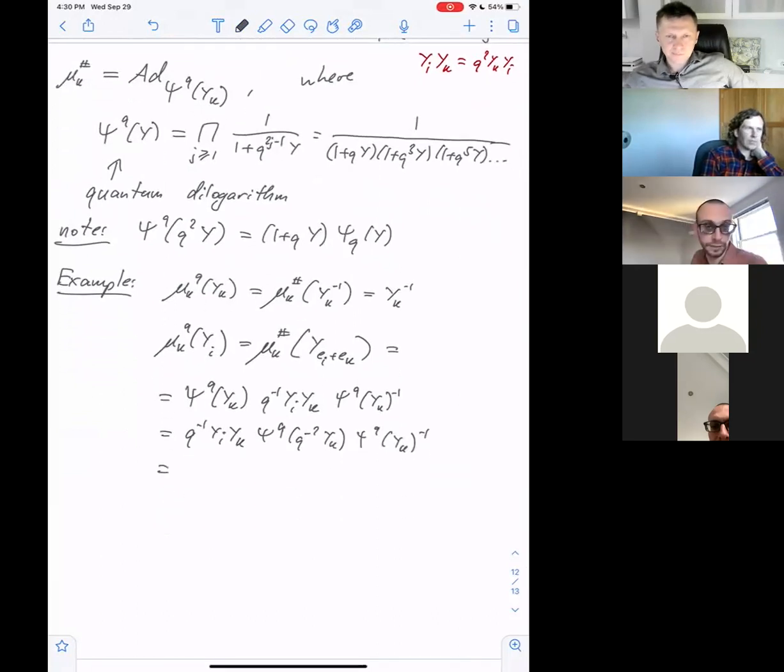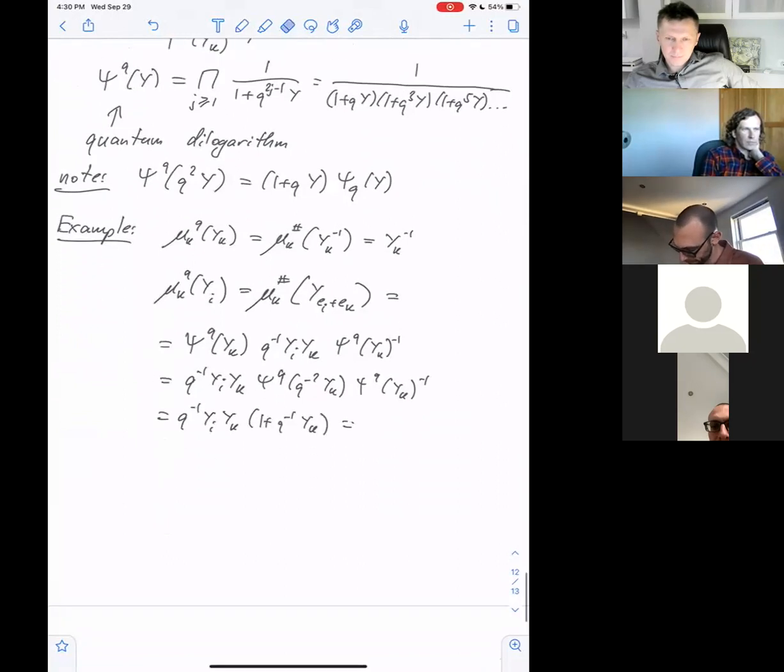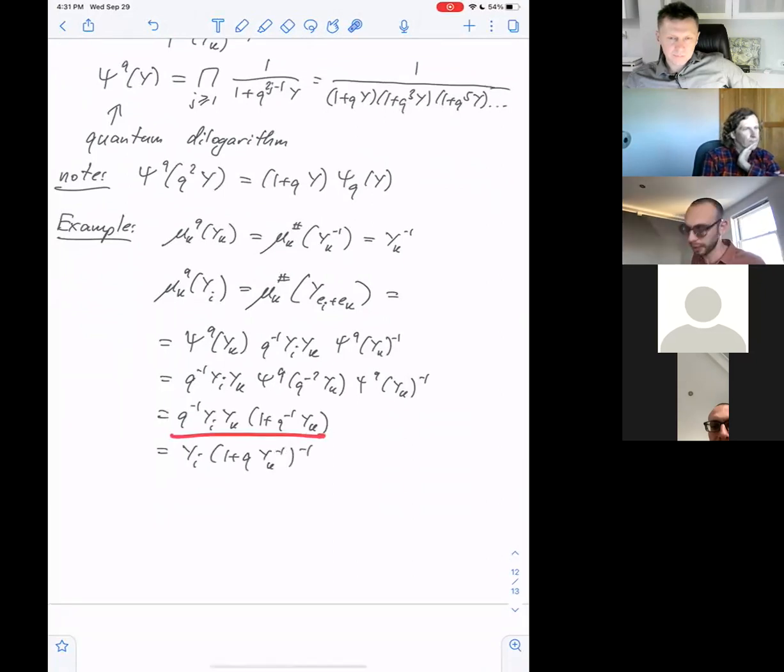And if we use our q gamma relation, that becomes q inverse yi yk times 1 plus q inverse yk, or if you wish, yi times 1 plus q yk inverse. Anyway, this form here, if we set q to 1, we exactly recognize yi yk divided by 1 plus yk. So that's exactly when an arrow was pointing from k to i. This is how things mutate.